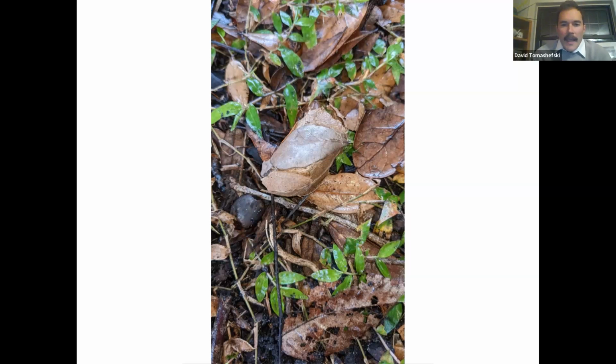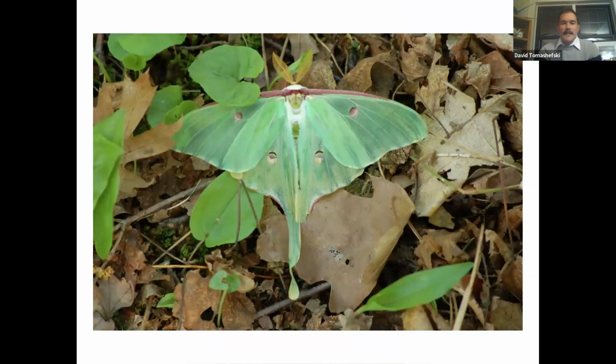So it doesn't really look like there's much going on here, but a little bit later, and the adult emerges. In this case, it is one of our most beautiful species, the Luna moth, with a 4.5-inch wingspan and long trailing streamer-like tails on its wings.